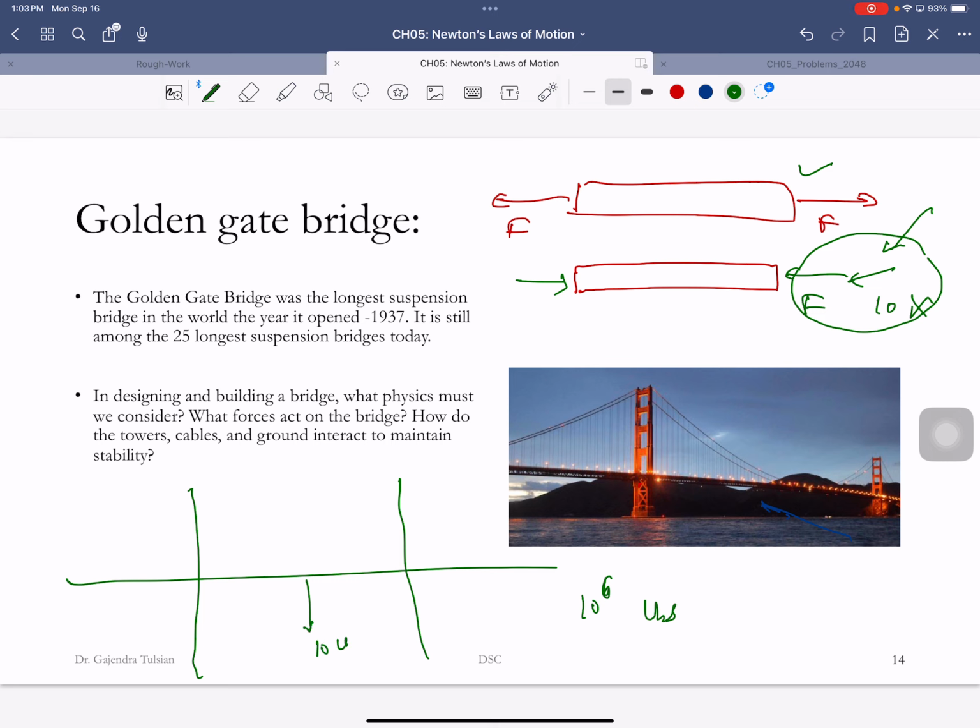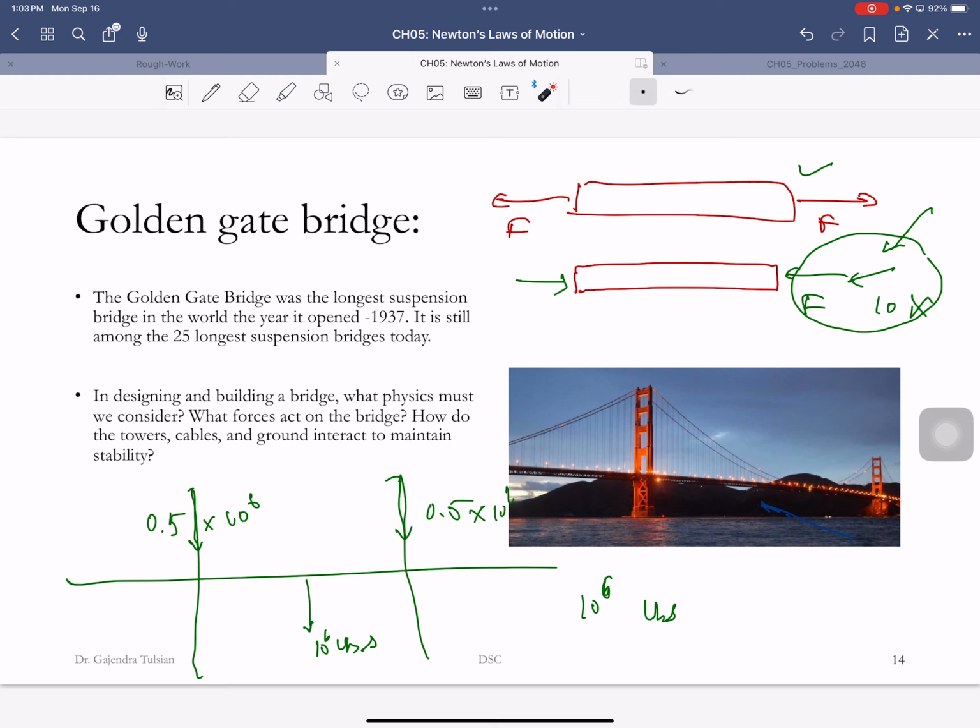So what happens is the 1 million pounds is pulling it down. So what you want to do is, you want this to be 500,000 pounds. That's how it's being supported, 500,000 pounds.